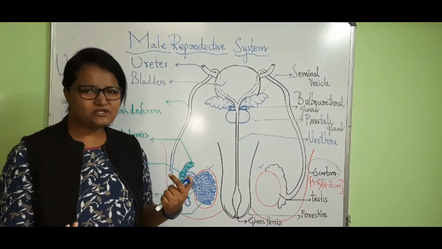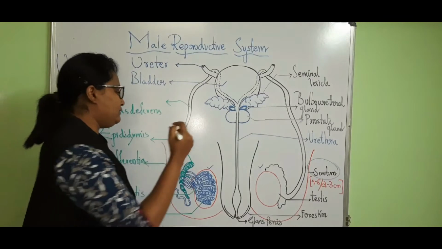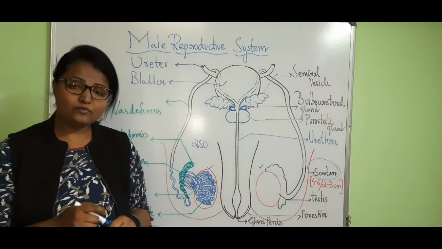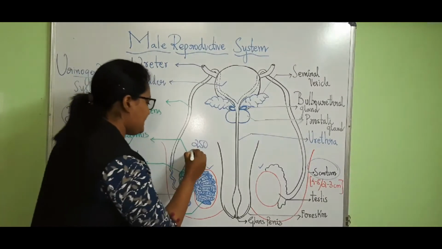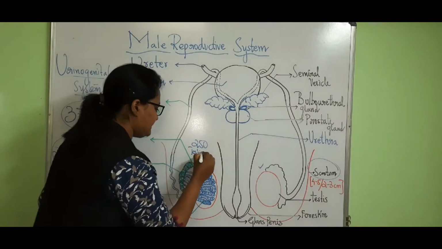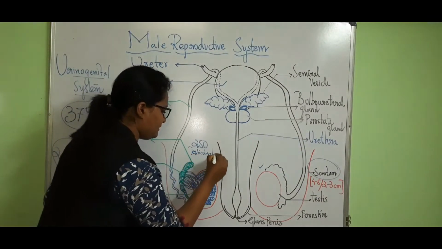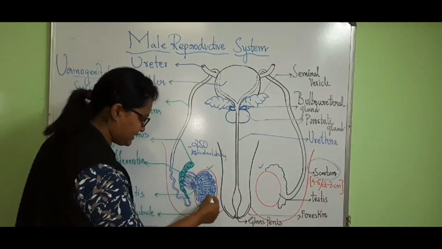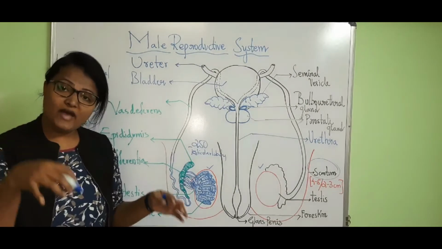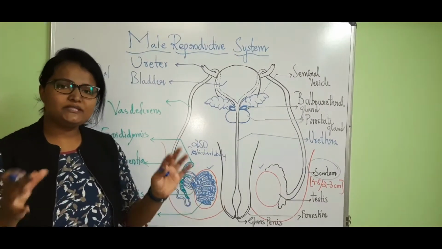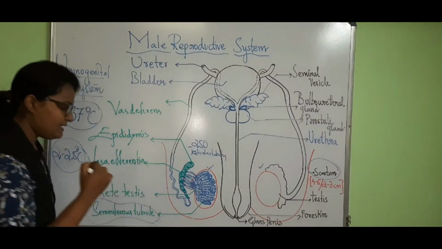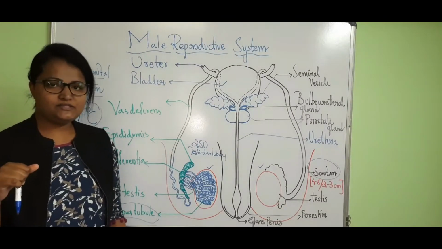Before going to the coiled structures, there are about 250 compartments, which we call testicular lobules. In all these testicular lobules there are 2 to 3 coiled structures called seminiferous tubules.